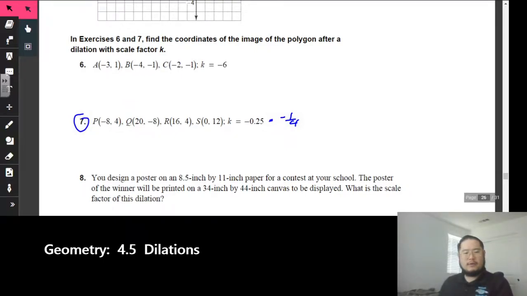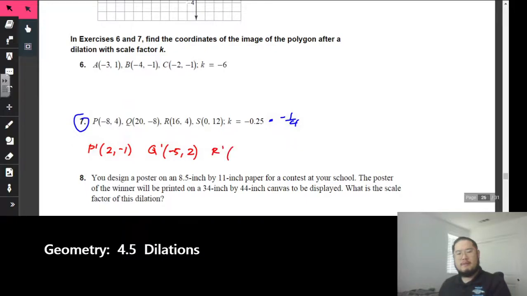So right here, we got P prime. If I multiply that in, negative 8 times negative 1/4, that gets me a positive 2. Negative 4 times negative 1/4 is negative 1. We got Q prime. It's pretty much 20 divided by 4, or negative 4 times negative 5, so we got negative 5, positive 2.